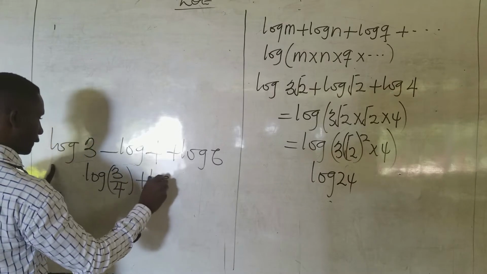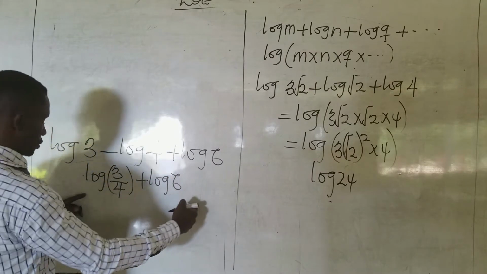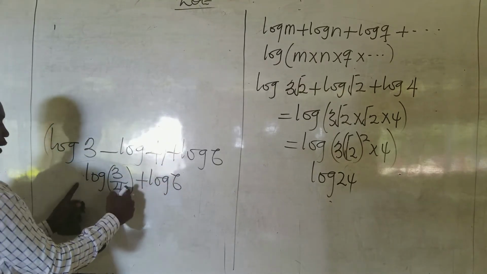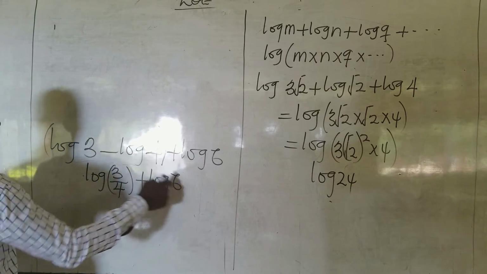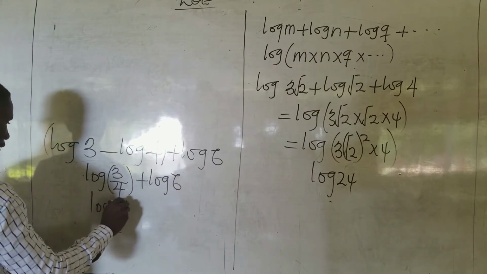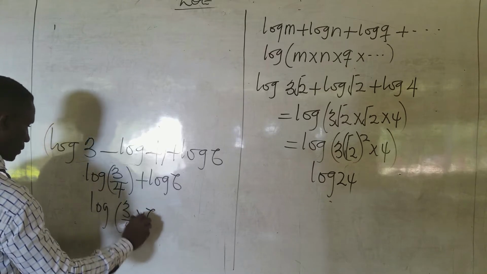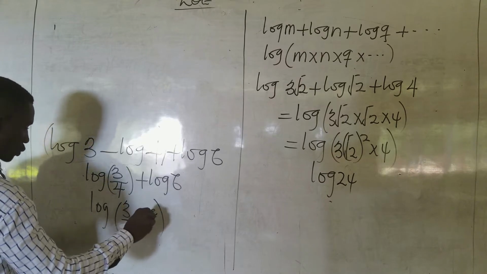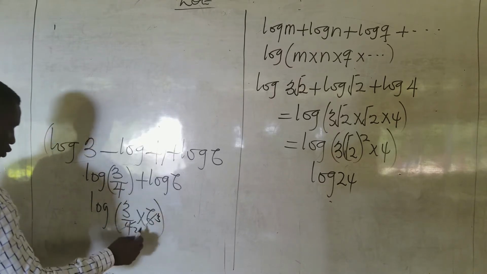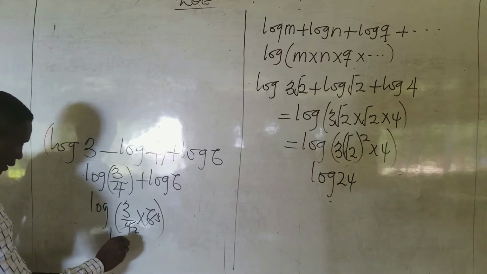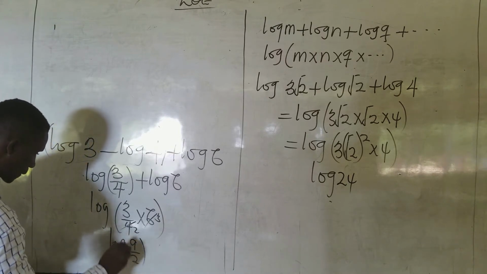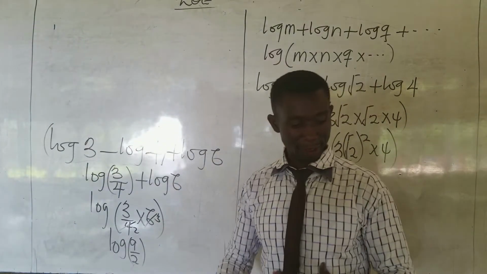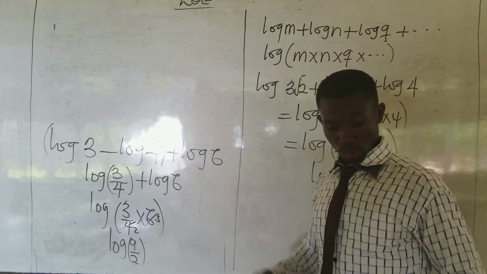Then plus log 6 means multiplication, so log 3 over 4 times 6. 2 cancels this one, 3 cancels this one, so this will give you log 9 on 2, and the base is 10. So this is how we do it. You go by it gradually. So logarithm is not difficult. You go by it gradually.